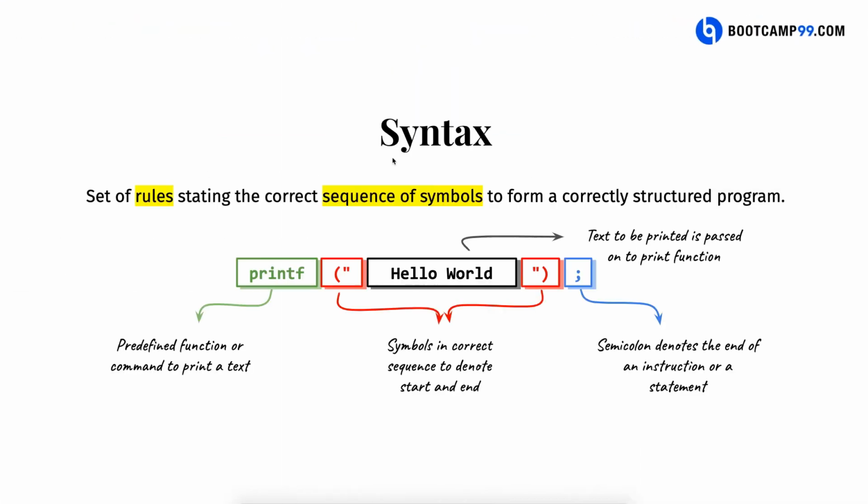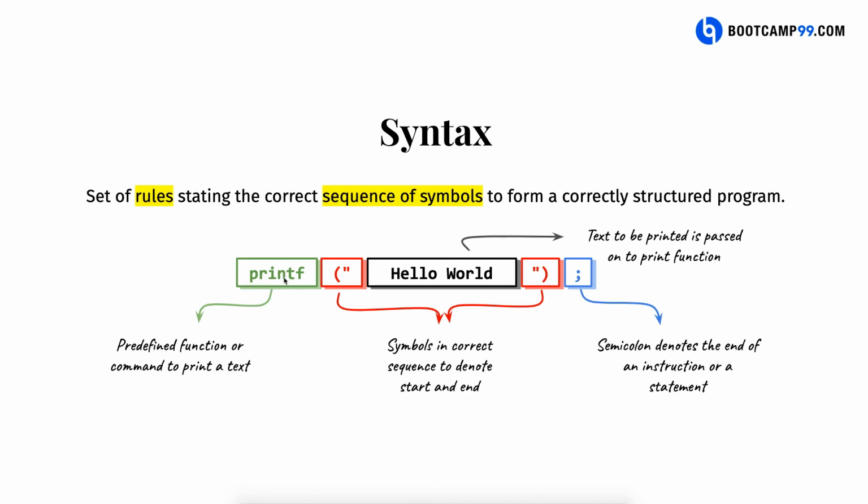So basically, what is a syntax? Set of rules. There are specific rules that you need to follow, something like grammar. You need to use those symbols like braces, double quote, semicolon in correct order, in a particular sequence, so that you create a properly structured program.